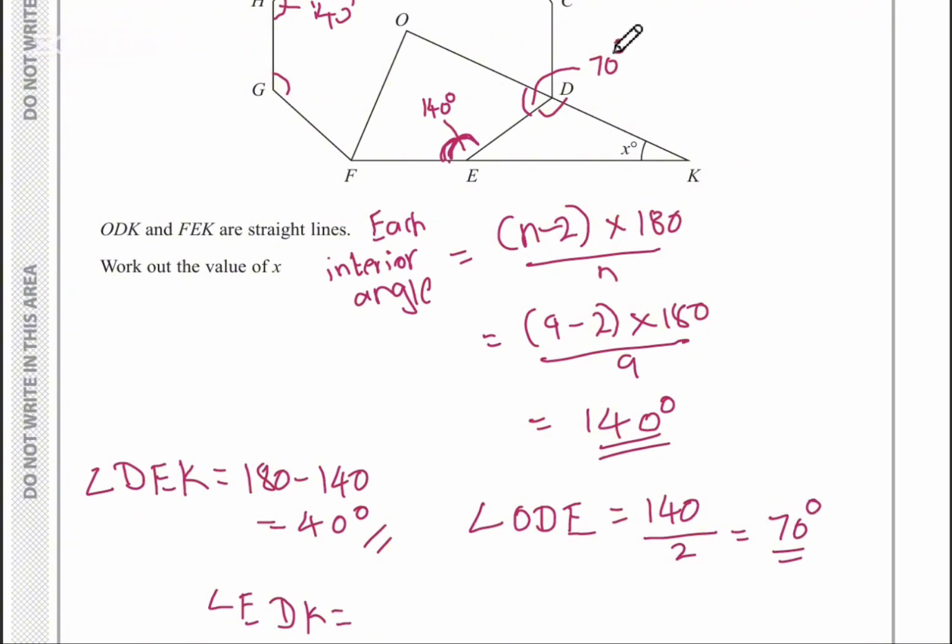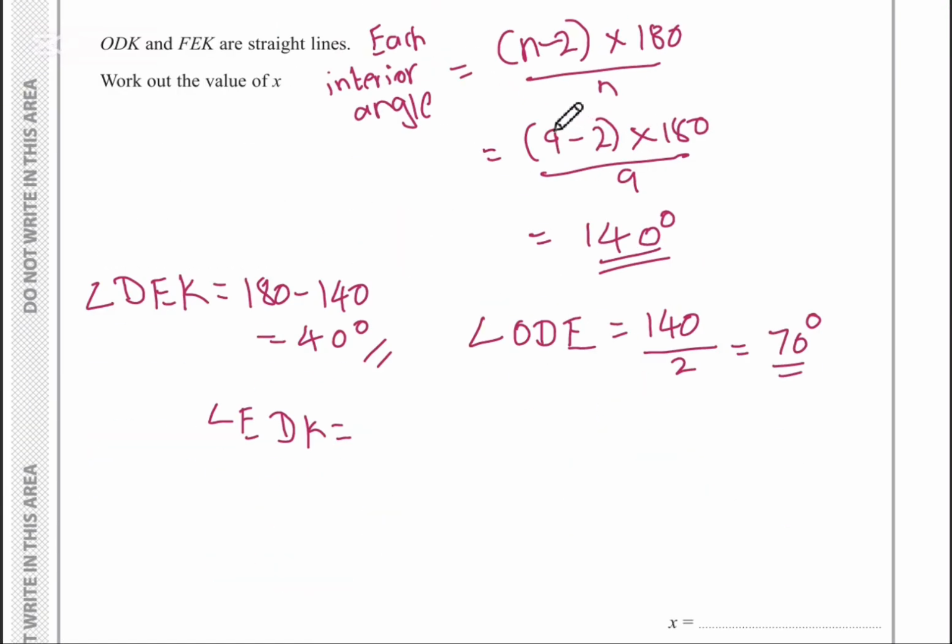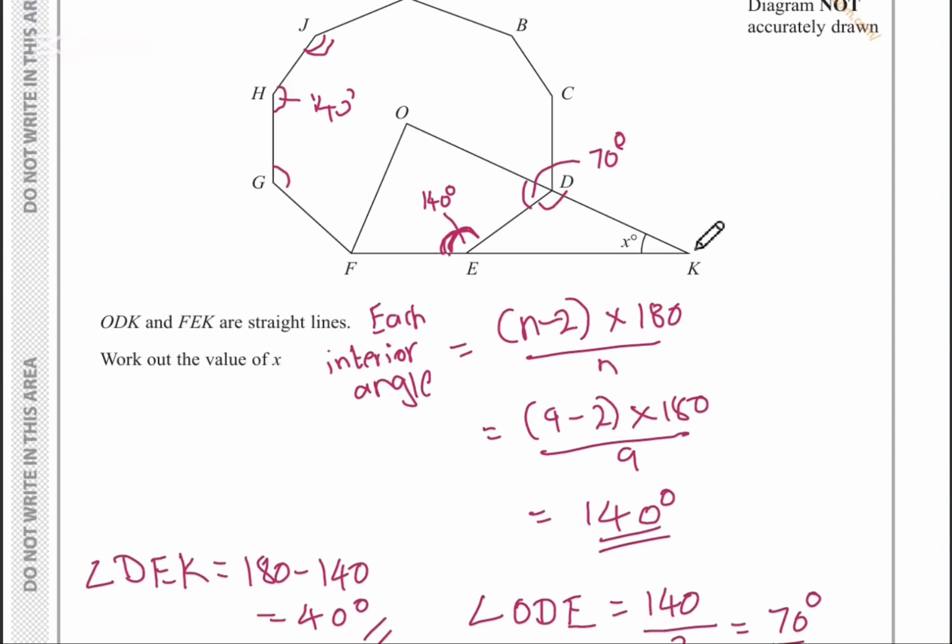I've already got this angle as 70, therefore this angle EDK would be 180 minus 70, which gives me an answer of 110 degrees. Now I have this as 70, and this angle here is 110. This angle is 110, and this angle we figured out was 40.